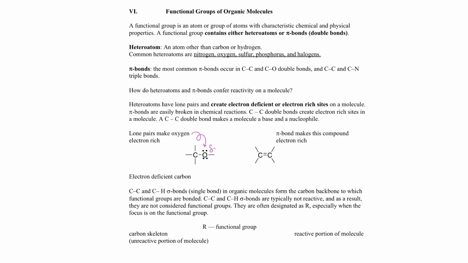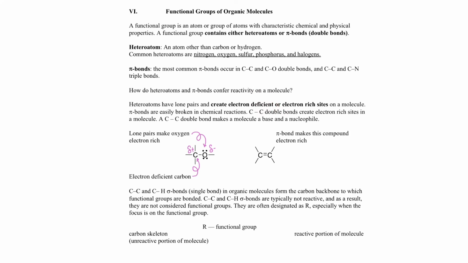Carbon, on the other hand, because of its proximity to oxygen, is going to have a partial positive charge since oxygen is pulling its electrons away. So you end up with an electron-deficient carbon. Generally, these heteroatoms do not have the same electronegativity as hydrogen or carbon, so you end up with an electron-rich site on the heteroatom and an electron-deficient site on the carbon atom.